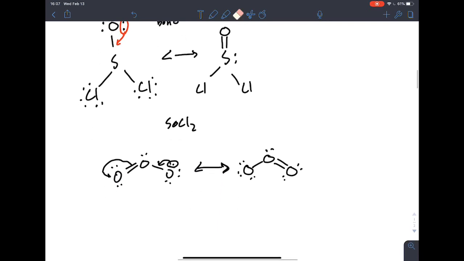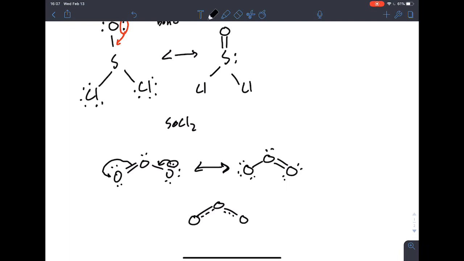Now we need to ask ourselves, which is the proper one? In its truest form, the way that the electrons are behaving is probably somewhat like this, where they really are creating bonds of almost 1.5 times the strength of a regular bond.